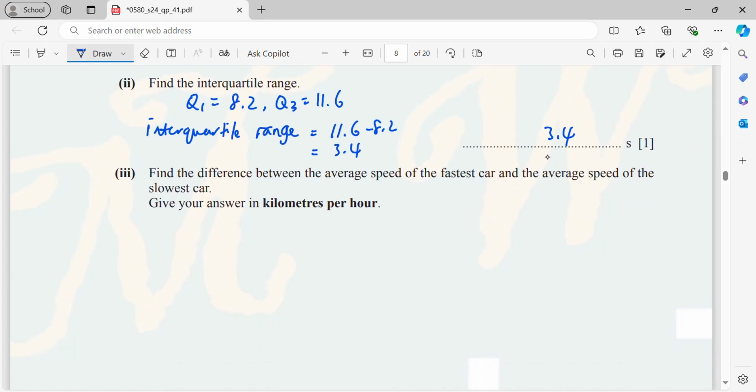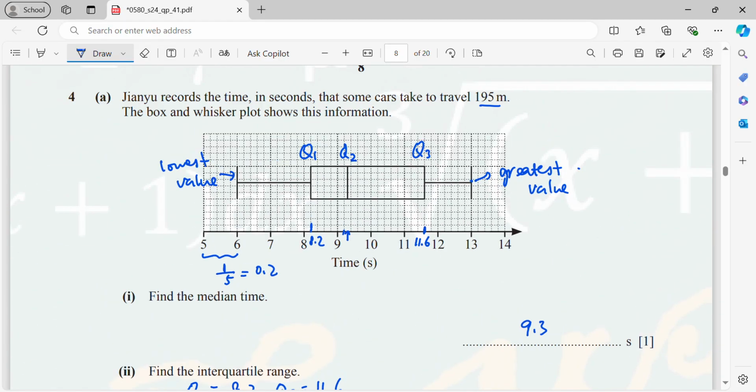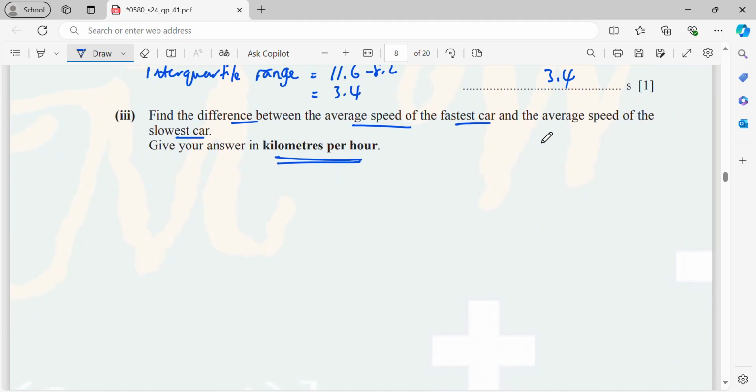Now part 3, find the difference between the average speed of the fastest car and the average speed of the slowest car. Give your answer in kilometers per hour. Okay, look at here. This is meter and the time is second. Alright, so now we know that speed is distance over time. And now you need to find the average speed of the fastest car.